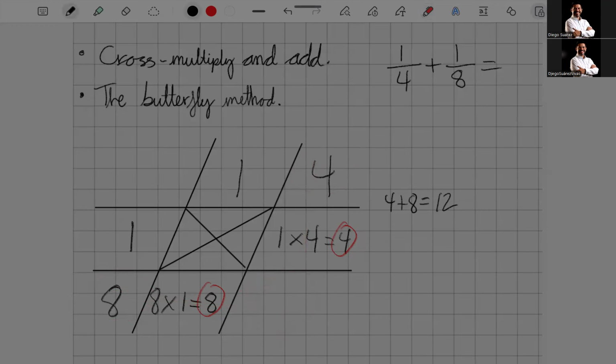So 8 times 4 equals 32. And now we have the denominator. We're going to write it exactly right here, at the bottom. So we have the numerator, which comes from these two ones, addition, and then the multiplication, which goes 8 times 4, the denominator.